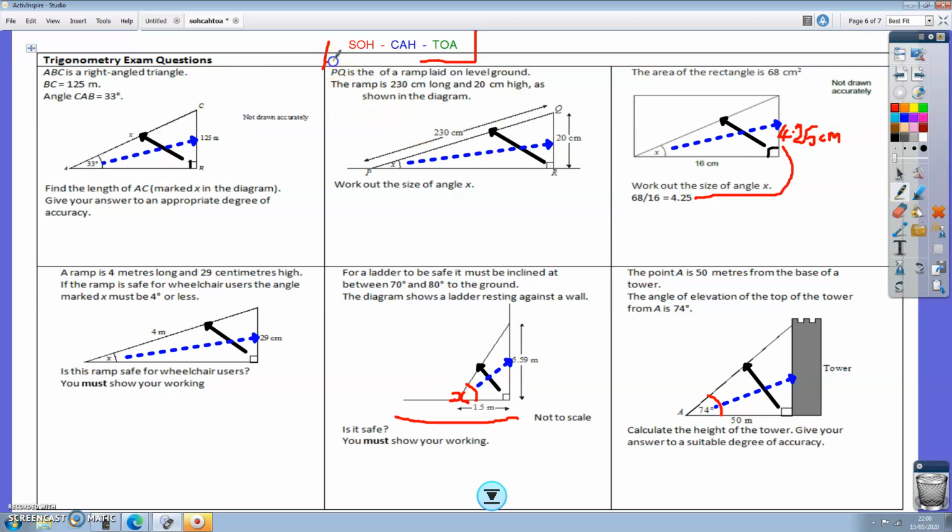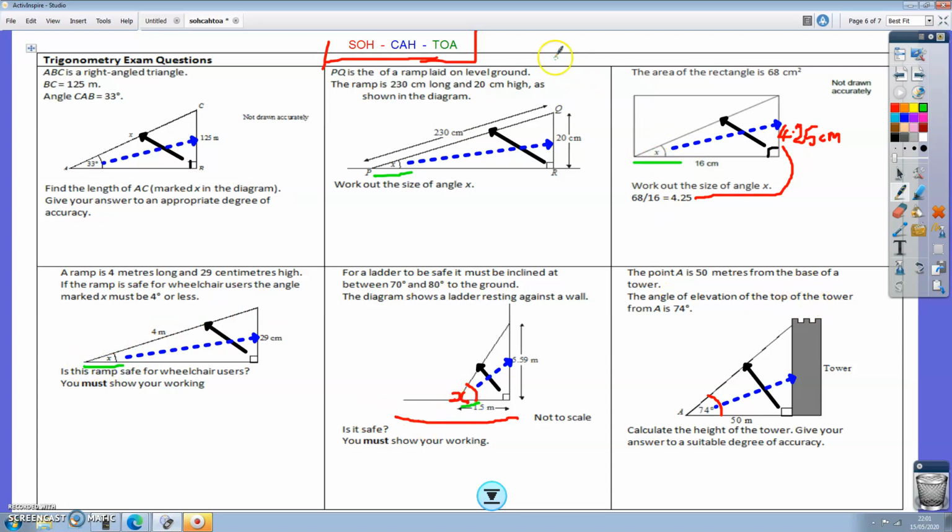Use the ratio at the top, the SOH-CAH-TOA, to find out which one you need. If I've got hypotenuse and opposite, I'm going to use sine. If I've got adjacent and hypotenuse, I'm going to use cos, and if I've got opposite and adjacent, I'm going to use tangent. Whenever you're finding a missing angle, I'm going to highlight these here: missing angle, missing angle, missing angle.